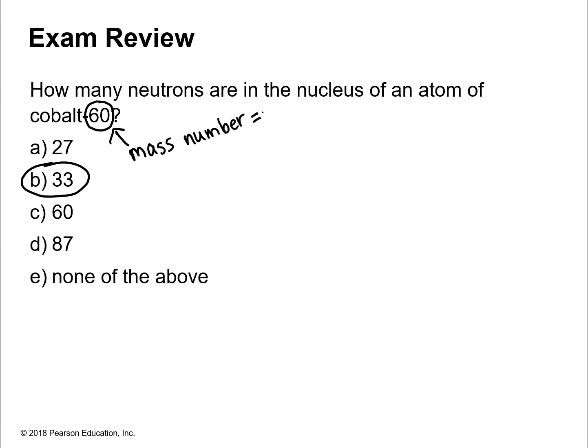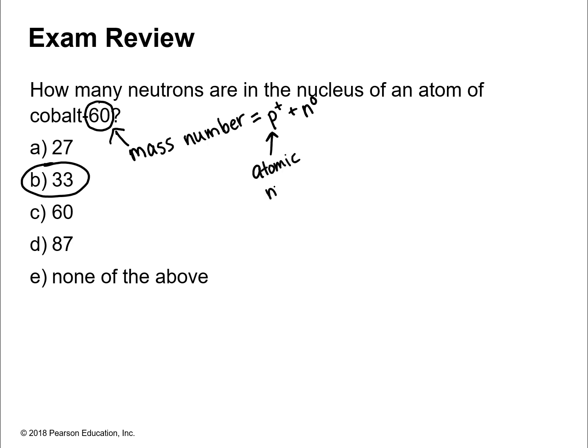And that means that it's the sum of all the protons plus all the neutrons. Where can you find the number of protons in cobalt? You look at the periodic table.